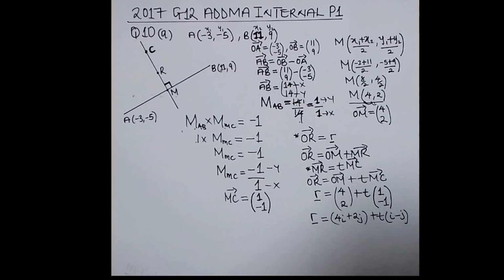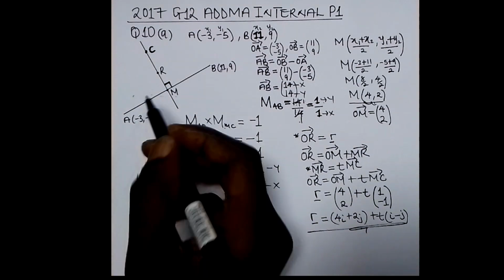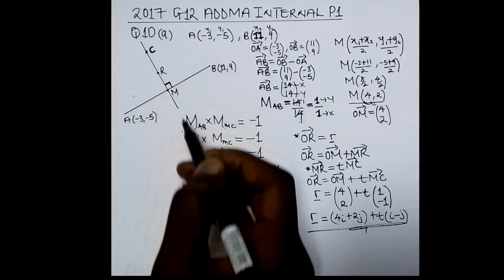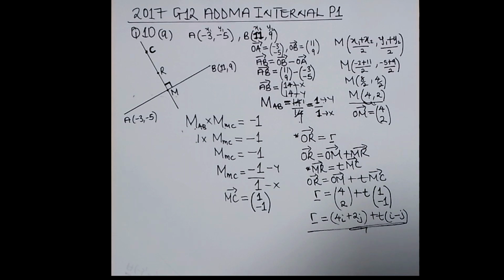Okay, so we can even leave it at this. So this is our solution in terms of i and j. This is the vector equation of the line perpendicular to the line AB. So that is the solution for this question.